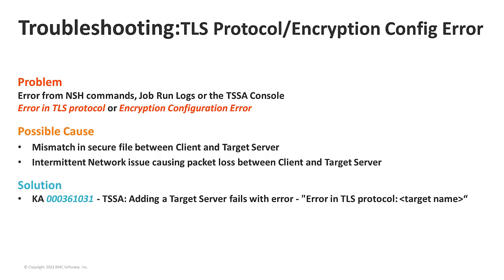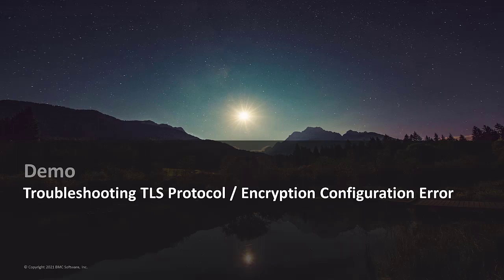We can do a continuous ping, or we can repeatedly run agent info from the NSH prompt to see if the network is reliable and responding correctly every time, or involve the network team to see if there is any intermittent connectivity issue or any new hop in the network assigned between the app server and the target agent, which is causing this particular issue or not processing the connection stream. We have a KA written around this particular issue, which consists of the error messages and the possible troubleshooting steps to resolve this issue.